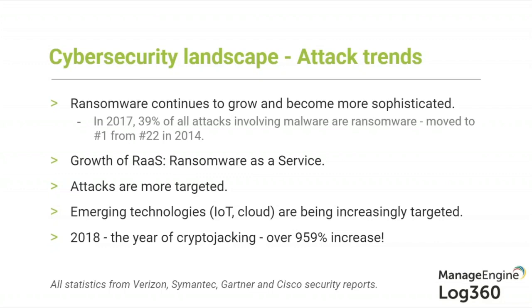But now, these days, attacks are becoming much more targeted and much more sophisticated. So why is this happening? A lot of the social engineering attacks and phishing emails these days are becoming much more personalized. So you can see that even really high ranking officials in your organizations may end up getting tricked by these phishing emails.